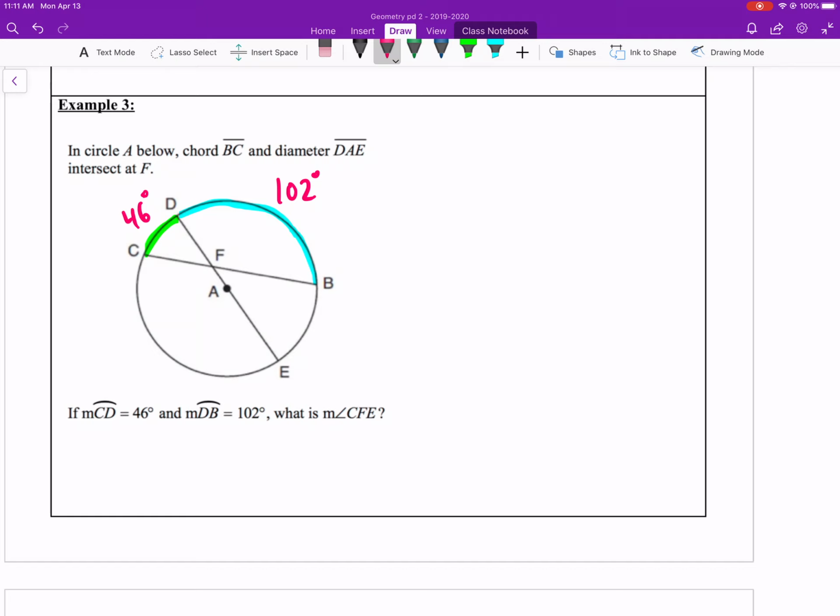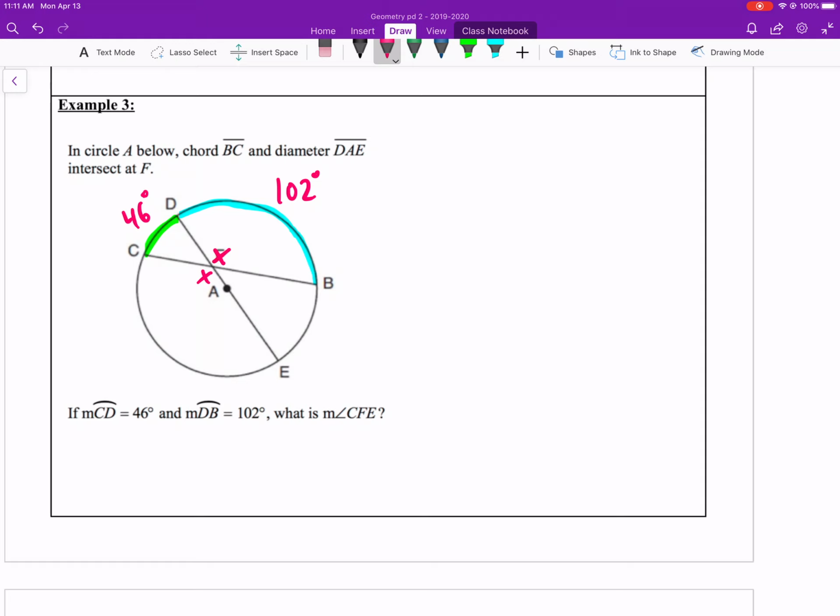So CFE is here. Now the tricky part is, what 2 arcs do we really need right now? When there's 2 intersecting chords, or a chord and a diameter like here, remember there's that angle we're looking for. Remember, that's the same thing as that angle there.